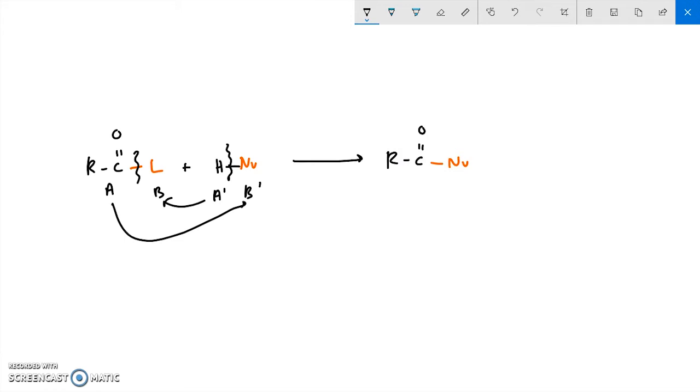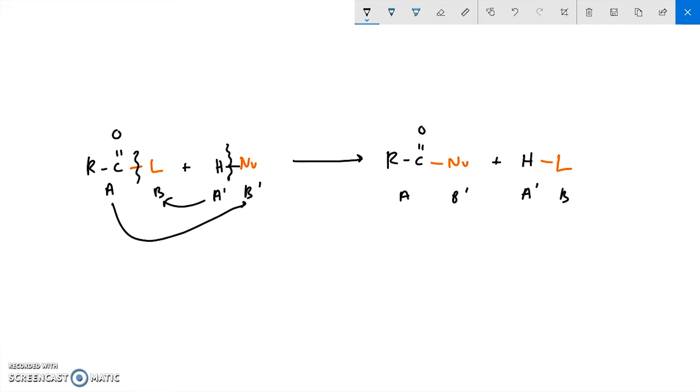As you can see, the nucleophile is the B prime, while the RC double bond O is the A. Next, we have the side product, which is H from the A prime, combining with B, the leaving group. H is the A prime, while the L leaving group is B. This is the general formula for determining the product of the nucleophilic substitution for carboxylic acid derivatives.